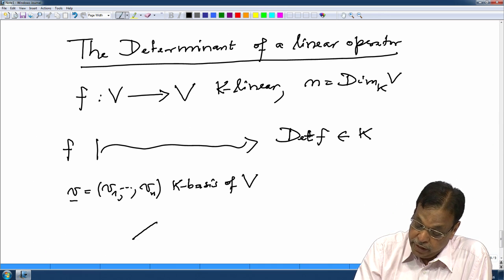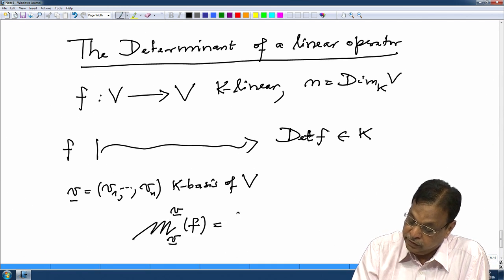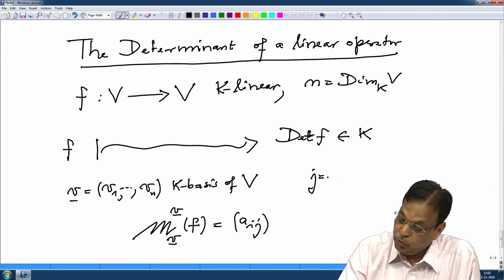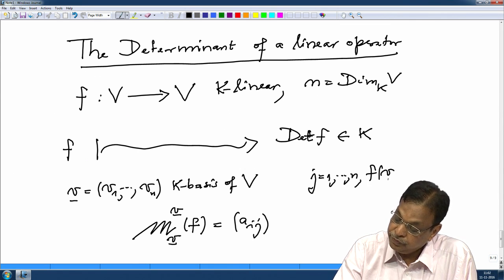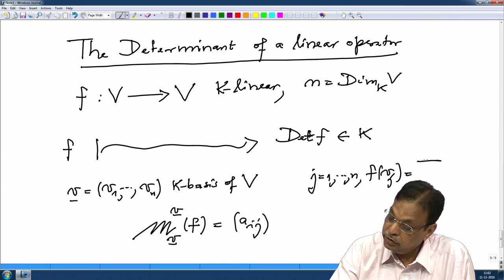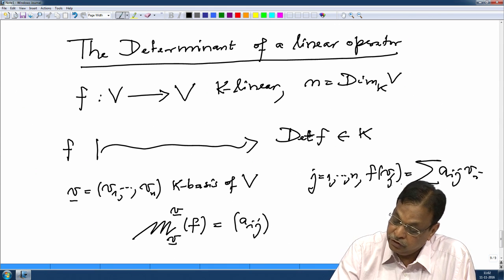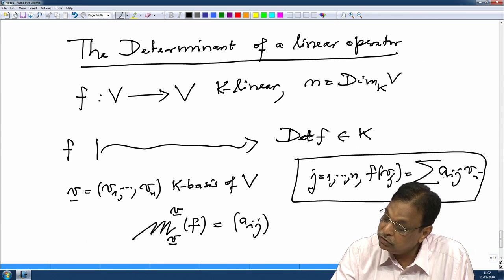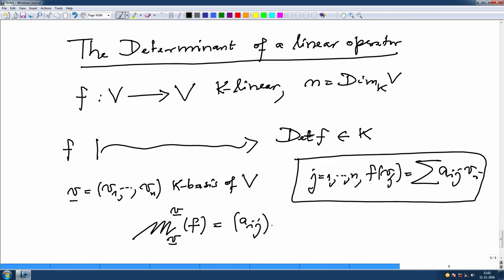So, the matrix of f with respect to the basis V, in our notation, is Aij. And remember, these Aij's are defined by the equations, for j equal to 1 to n, f of Vj equal to summation Aij Vi. The coefficients of these n equations will give this matrix.